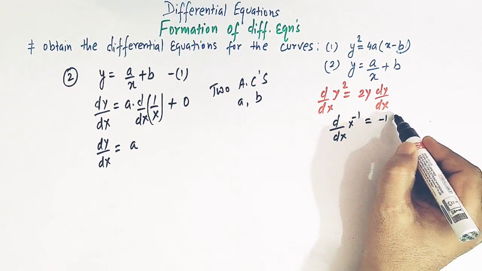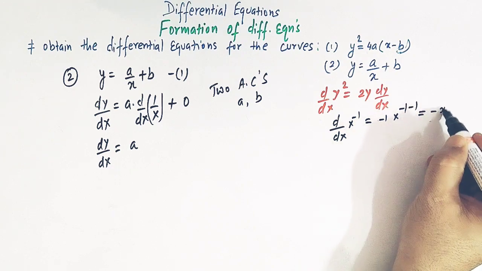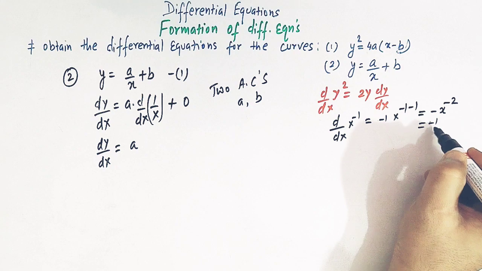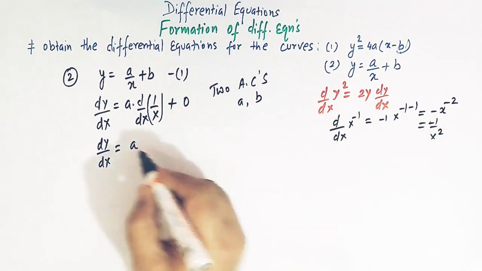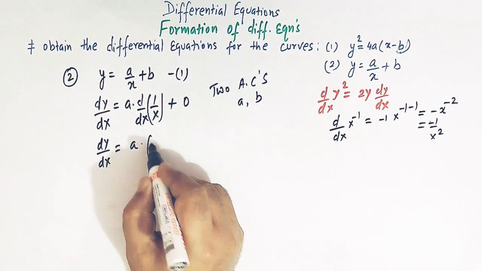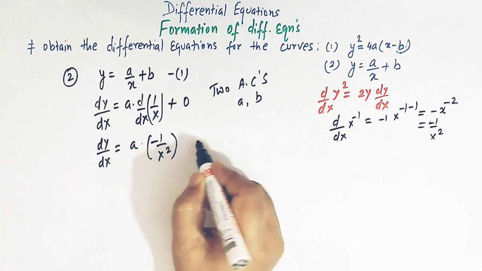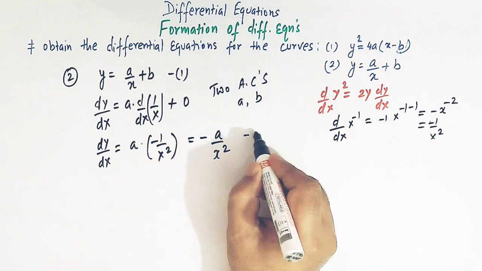So this is minus 1, x to the power minus 1 minus 1, that is minus x to the power minus 2, that is minus 1 over x square, right? So the derivative of 1 over x with respect to x is minus 1 over x square. So this is minus a over x square, right?